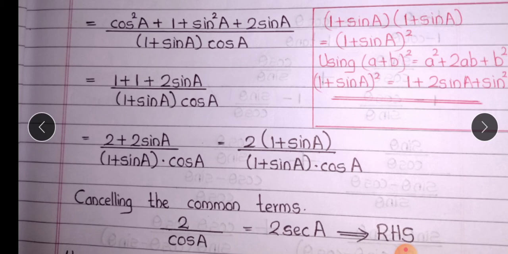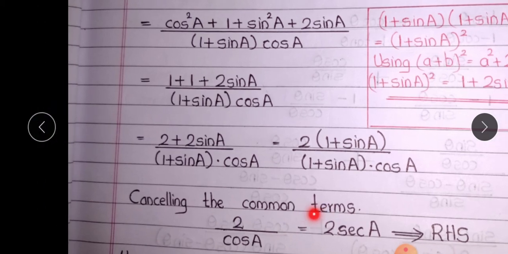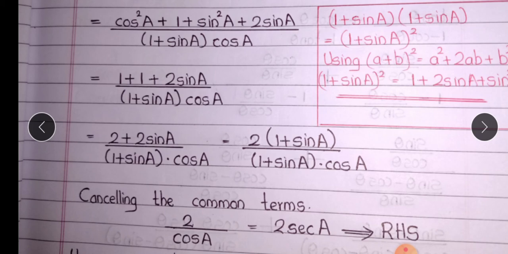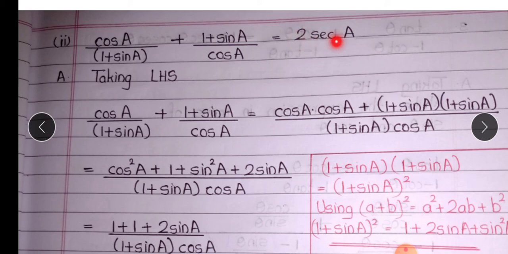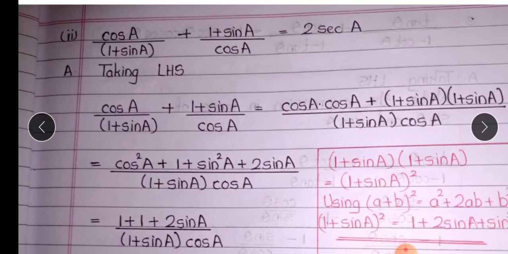It is 2 sec A. 1 by cos A is equal to sec A. So, 2 by cos A is equal to 2 sec A. Now, what is 2 sec A in the question? 2 sec A is the RHS of our question. So, we started with LHS and we ended up with RHS. So, the identity is thus proved. Is that clear to you?